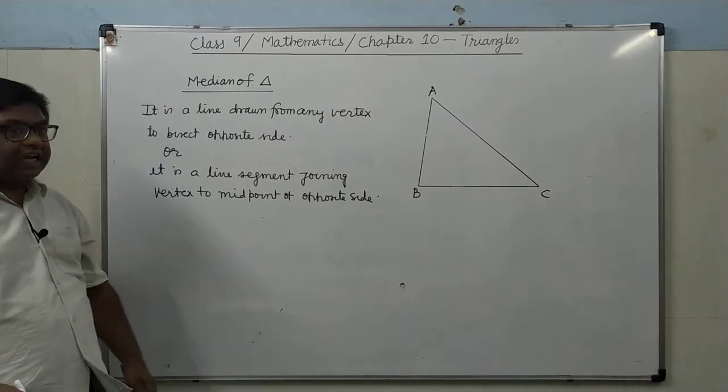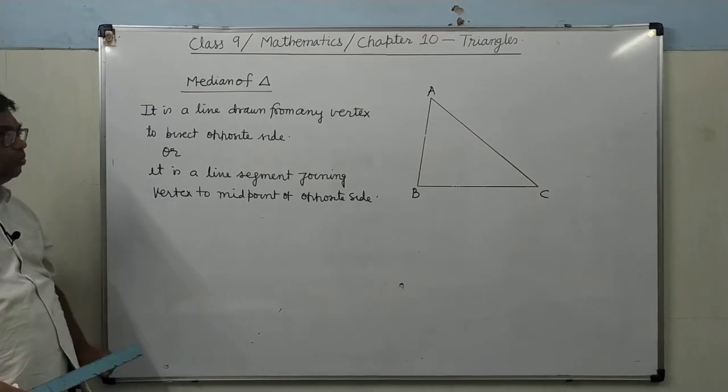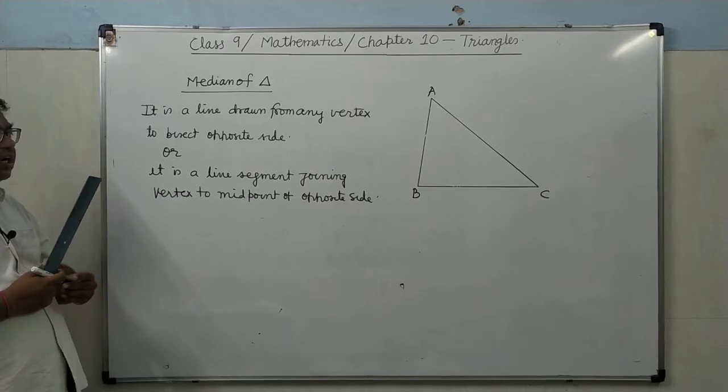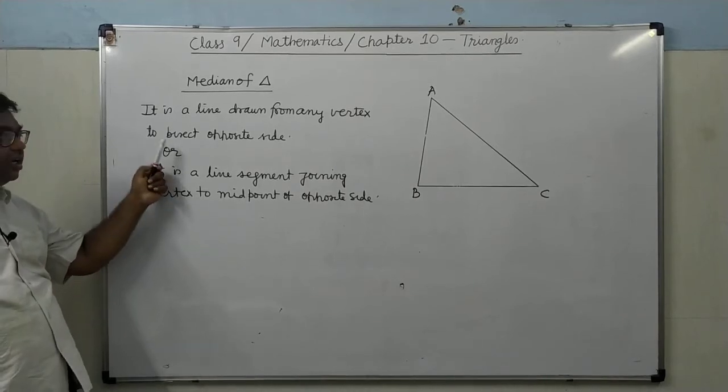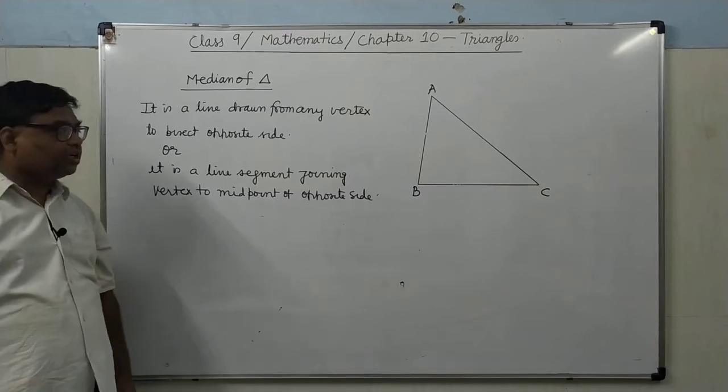It is a line drawn from any vertex to bisect the opposite side, or the line segment obtained on joining the vertex to the midpoint of the opposite side.